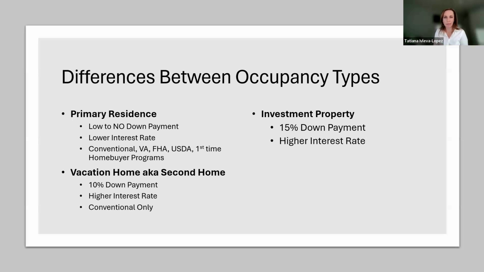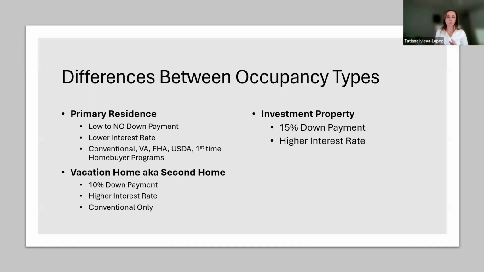You might have exactly the same interest rate, but the trade is gonna have more points. We spoke about discount points last week. So the same interest rate might have 2 points or 3 points versus 1 or half a point, depending on the down payment.